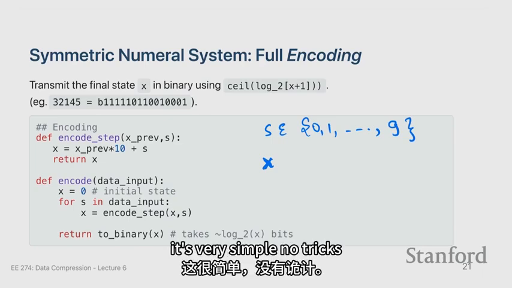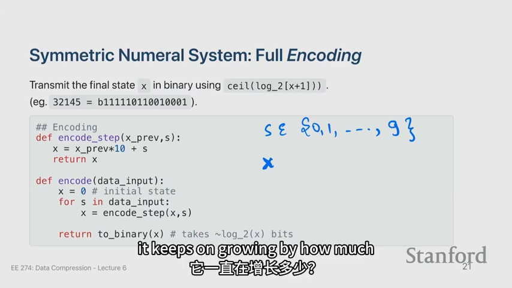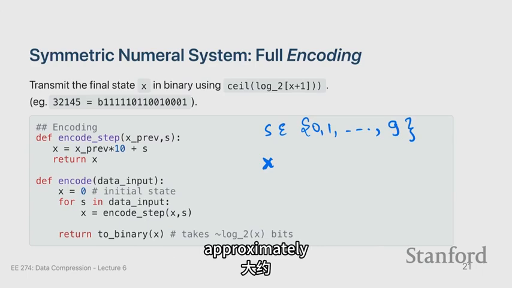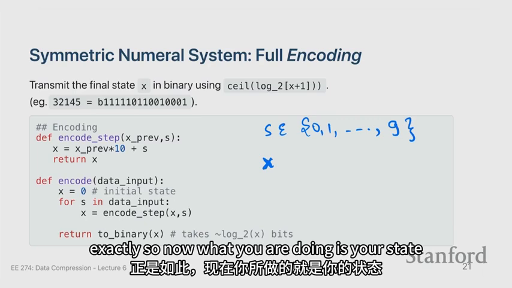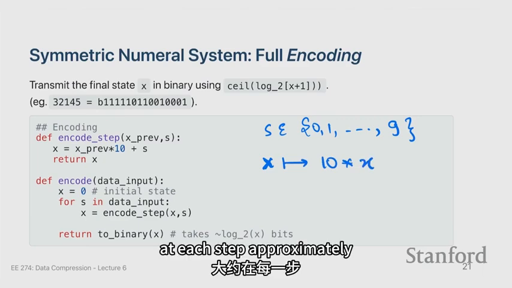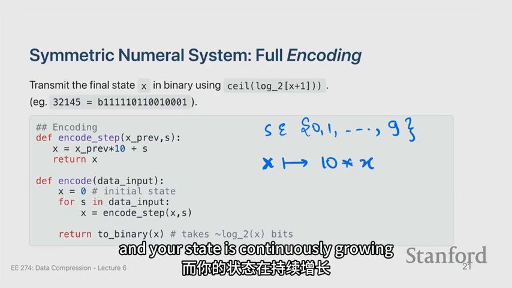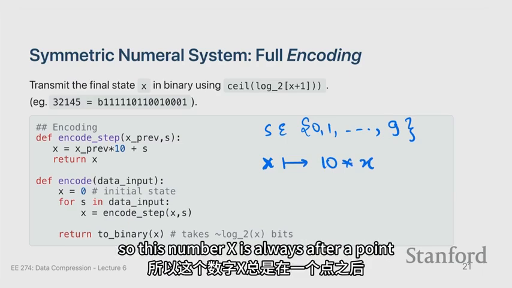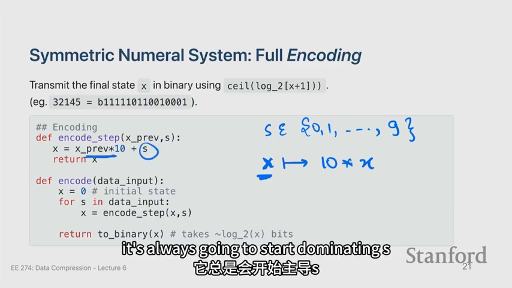It's very simple, no tricks. It keeps on growing. By how much? Approximately 10 times. Exactly. So now what you are doing is your state is going to 10 times state X at each step approximately. And your state is continuously growing. So this number X is always, after a point, going to start dominating.